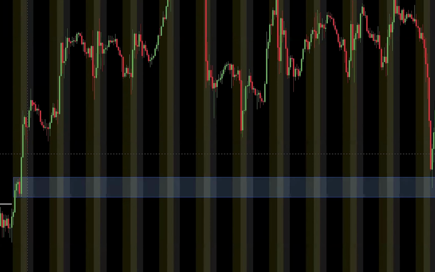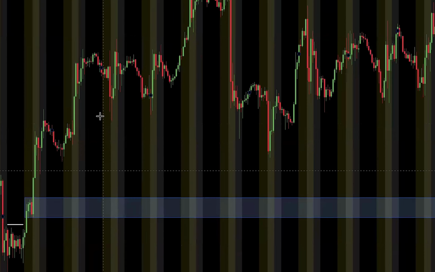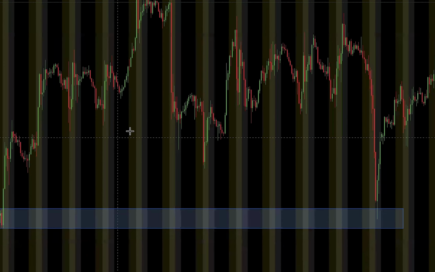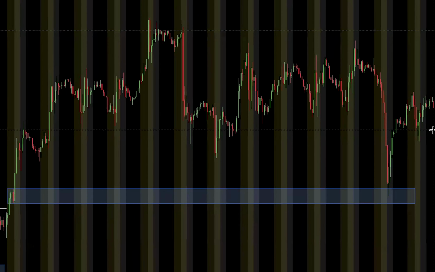Honestly, that's something I wish somebody had told me when I first started. I mean, my mentor did talk about it, but I didn't really listen properly, because more than likely higher time frame zones have more resting orders inside of them than lower time frame zones. That's why a lot of people, when you first start off trading, get stuck on the lower time frames thinking that you can try to catch every move.